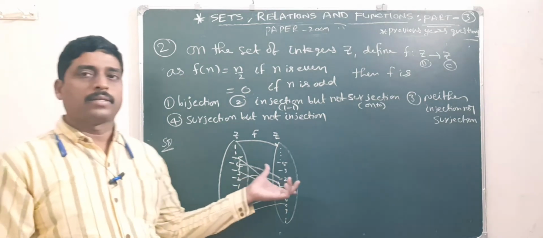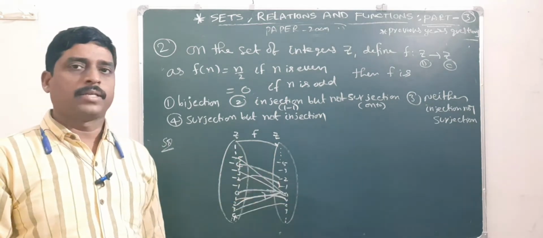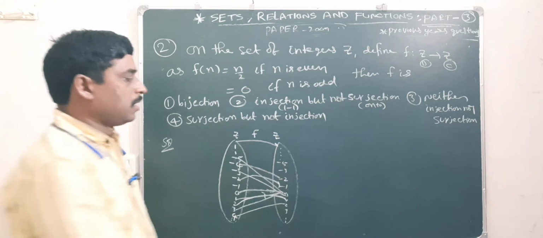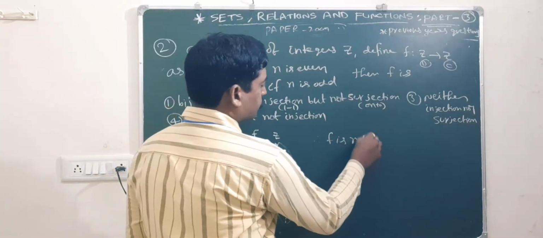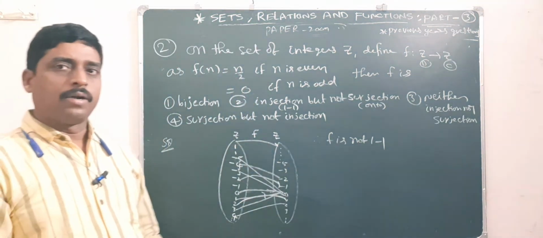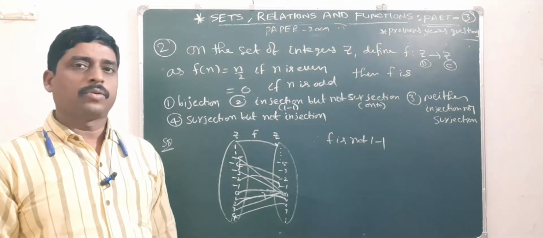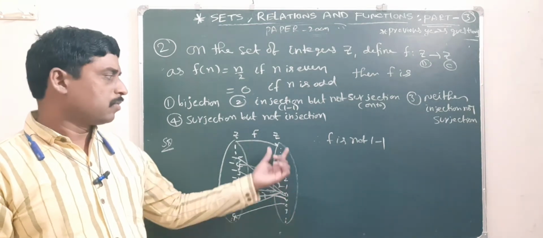So this type of function is neither 1-1 nor onto, because different elements have the same images. This is not 1-1. What is the onto definition? If range is equal to codomain. Here range and codomain are different. What is the codomain?